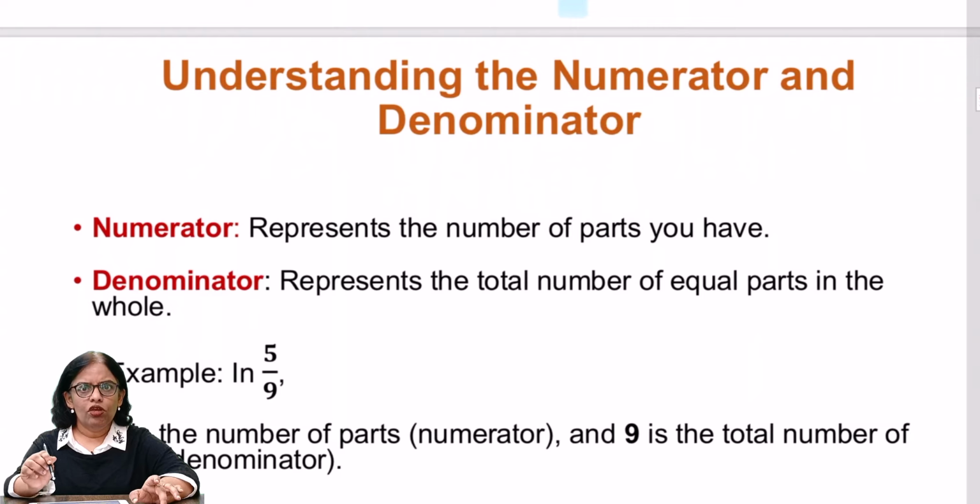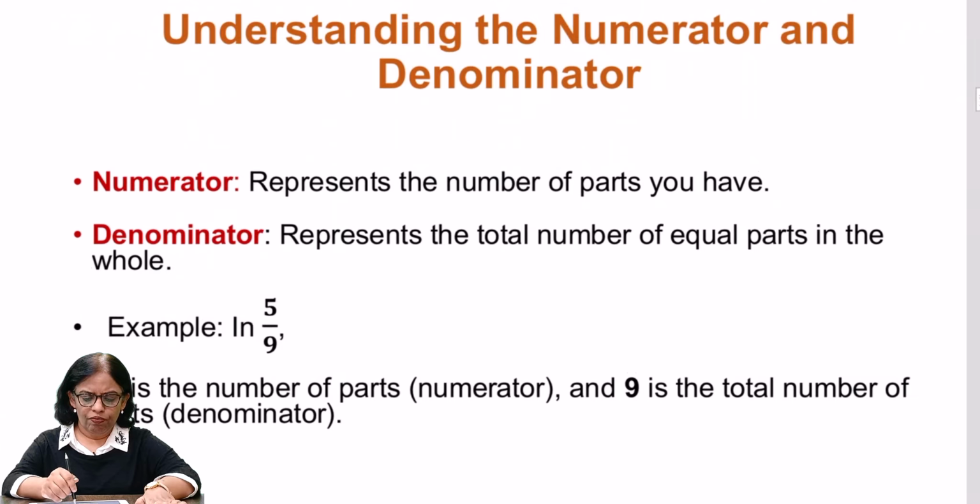So 5 is your numerator and 9 is your denominator. That means out of 9 parts you have used 5. So it is called a fraction. It is very simple, very interesting, and if you understand this concept, you will enjoy it thoroughly. From standard 5th or 6th till 12th, or maybe for higher grades, it is useful. So we will enjoy fraction.